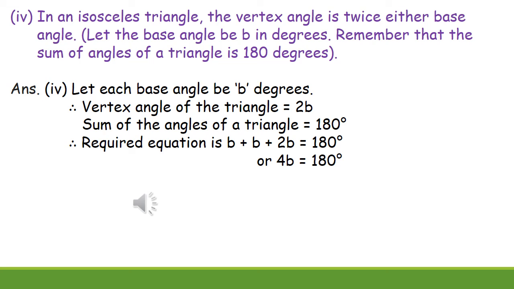We have learned it in interior angle property of triangles. So we can add the values of three angles, b plus b, these are the two base angles, plus 2b, this is the vertex angle. So b plus b plus 2b is equal to 180 according to angle sum property. So 4b is equal to 180 is the required equation.